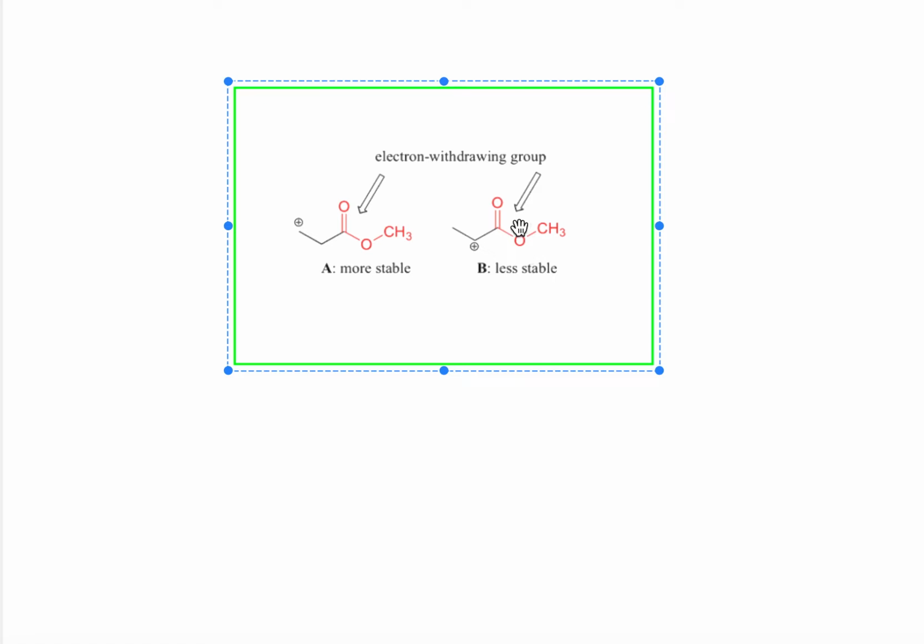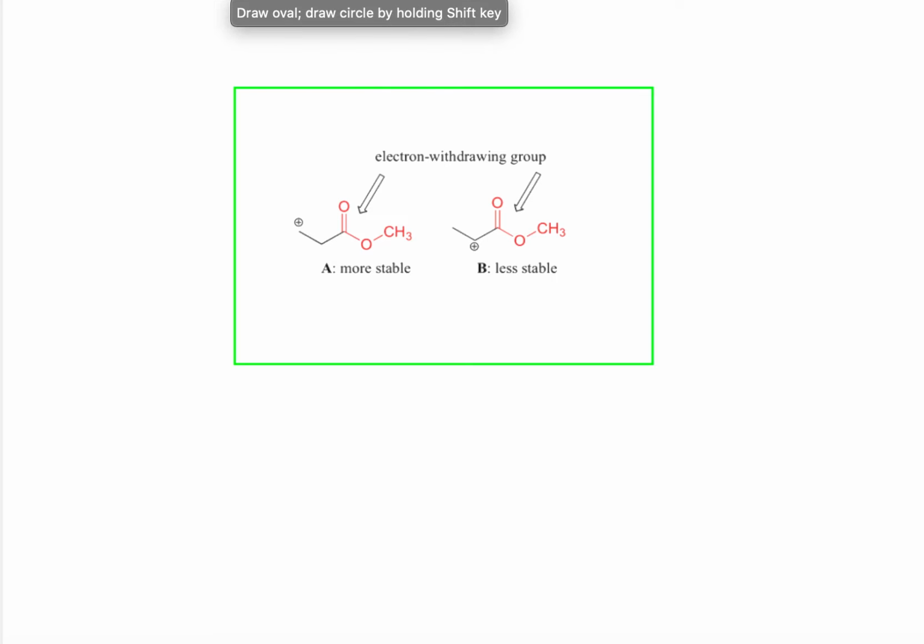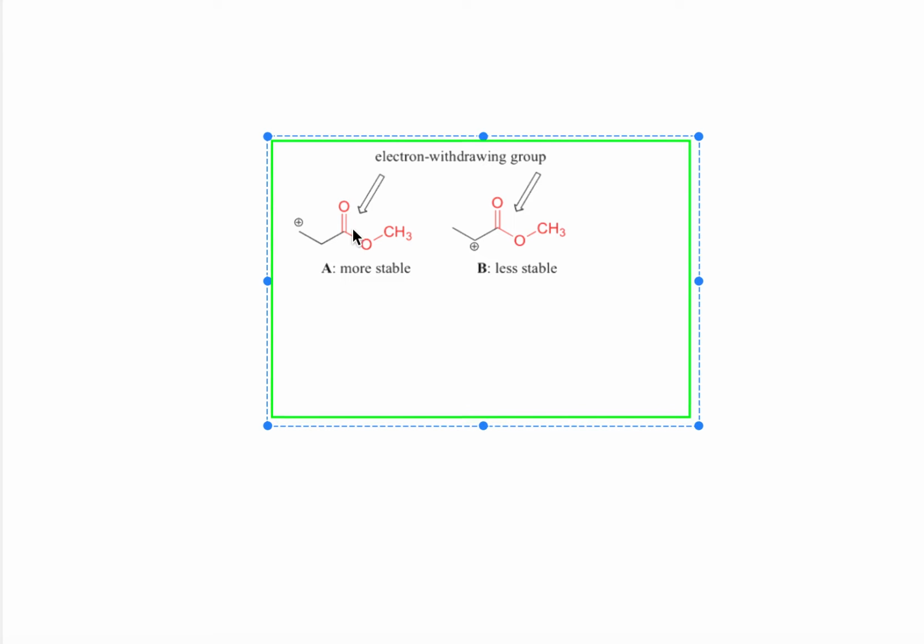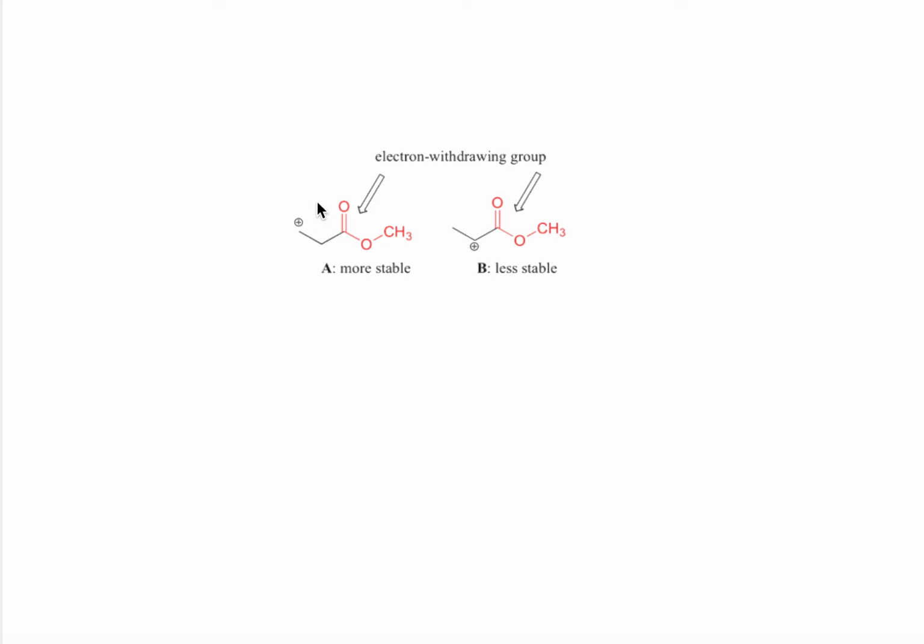But if there are some other carbocation stabilizing or destabilizing factors, we need to consider them as well. It is very clear in this example. In case of A, we have a carbonyl group further away from the carbocation.